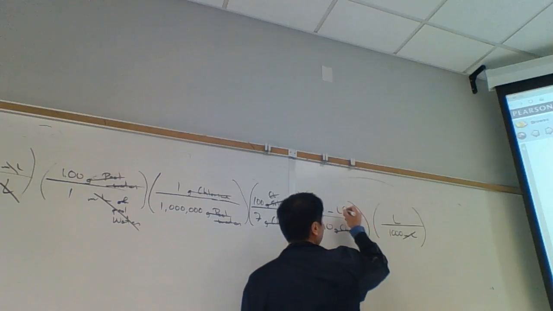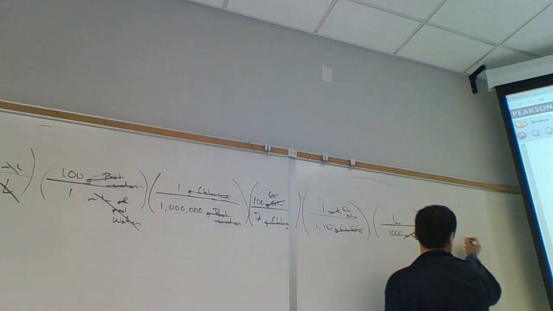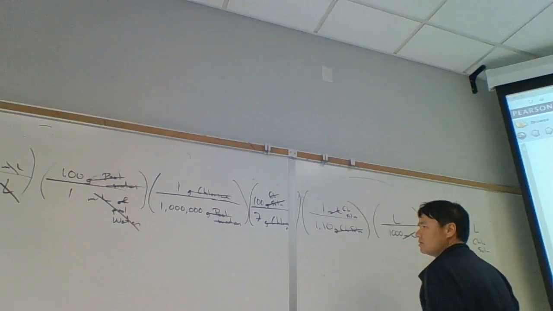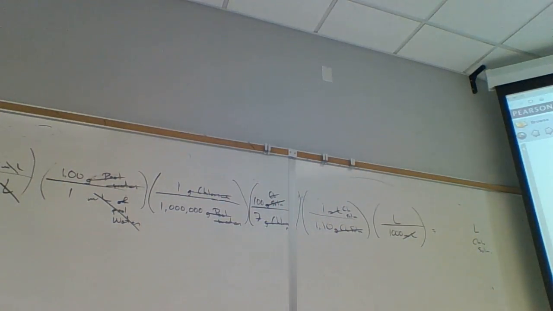And so milliliters cancels, and that leaves me with liters of chlorinating solution, which is what I want. And so even though I didn't really have a path predefined or planned out, I just kind of zigzagged my way through the jungle.